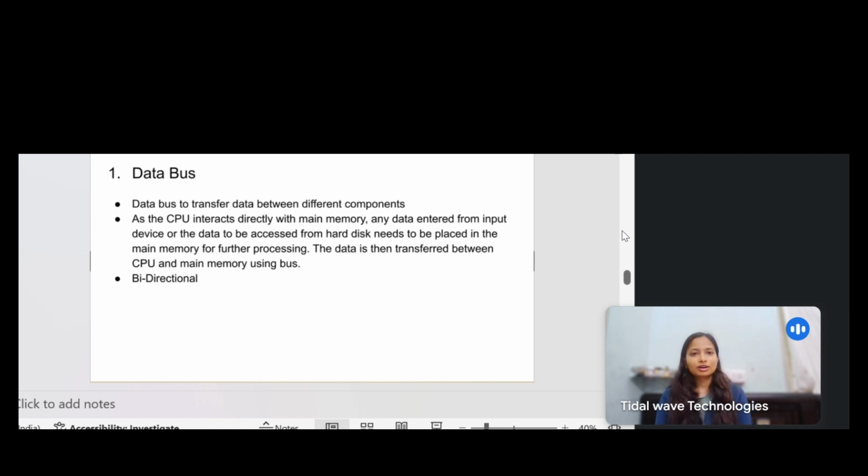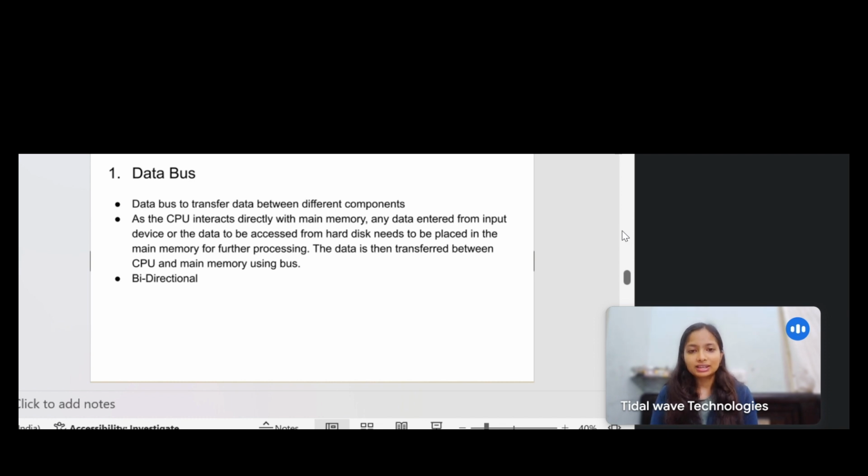Bus in the sense, whatever the connections between those, we have seen no arrow marks, the physical wired connections are known as bus. You'll understand in depth. So data bus is used to transfer data between different components of a computer. The CPU interacts directly with main memory, which includes both primary memory as well as secondary memory, which you have learned in the previous video.